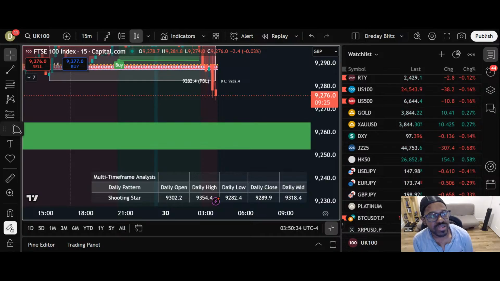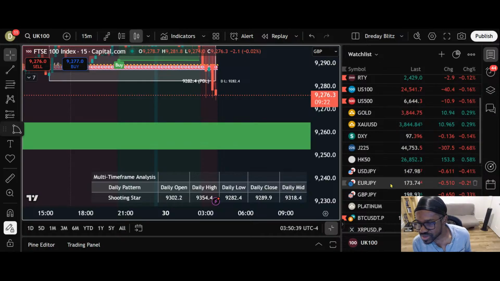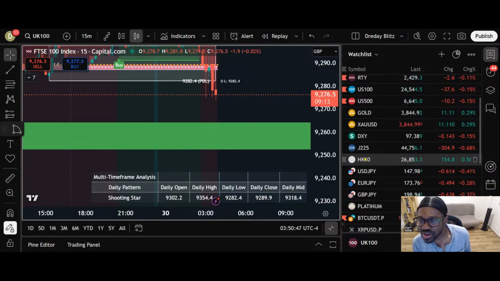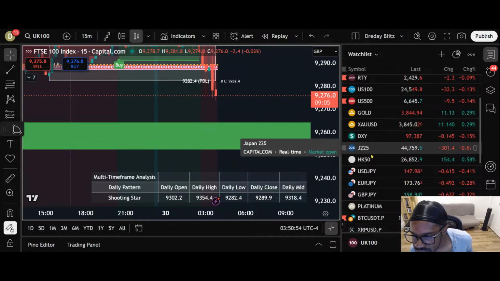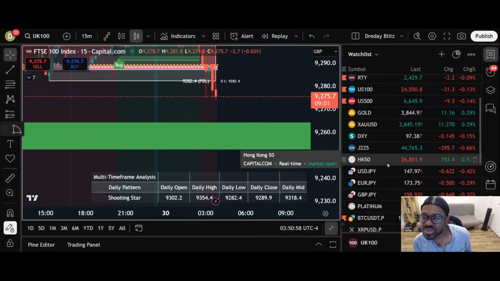So if we do trade Asian session, the pairs that we're going to be looking at will be Japan 225, Hong Kong 50, and gold. That'll be those three.